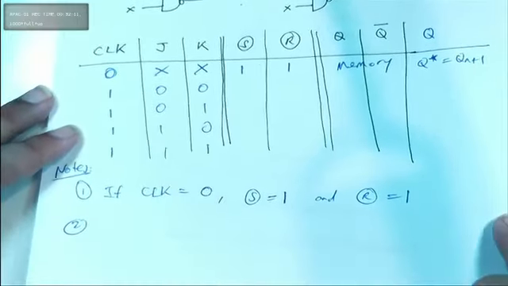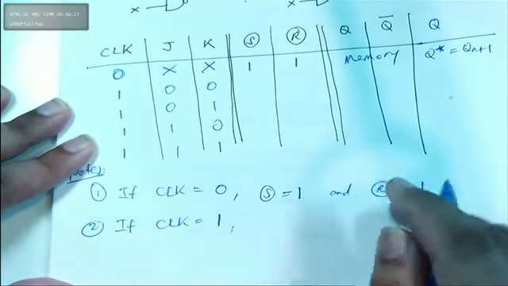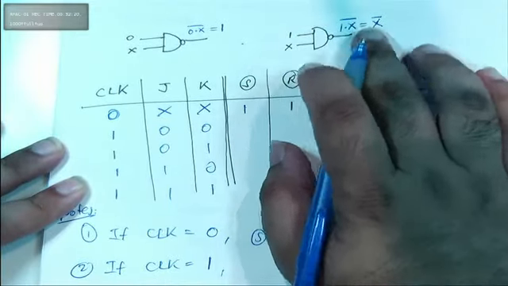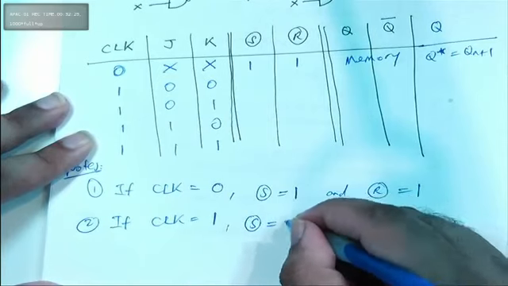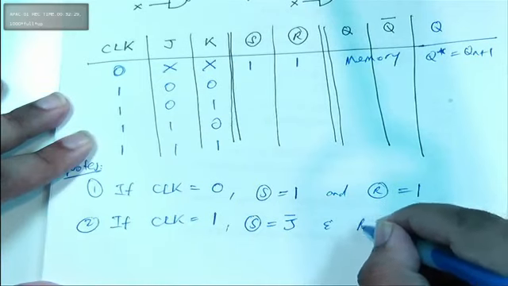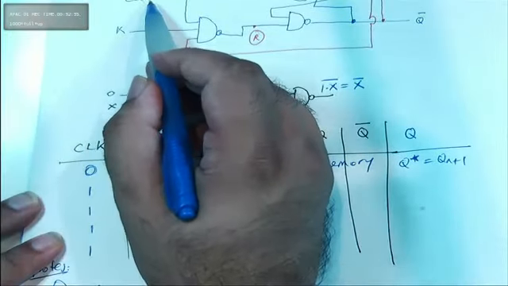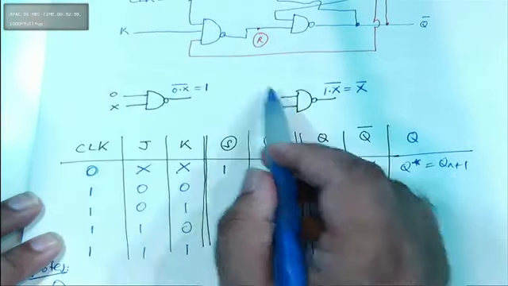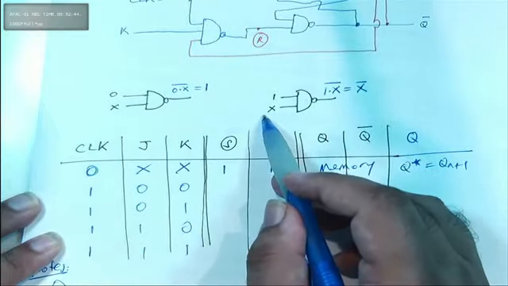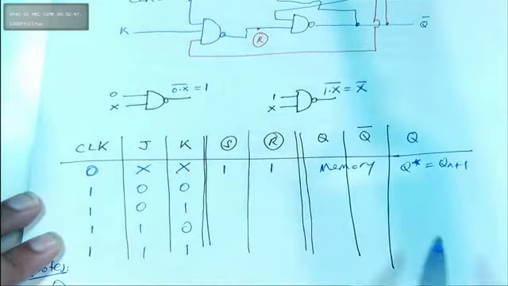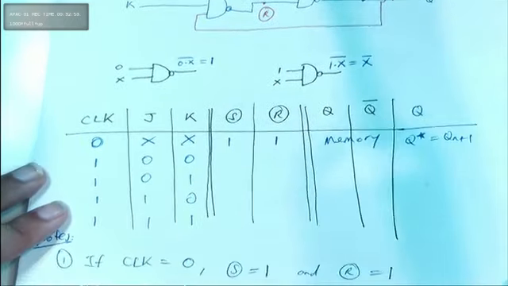Number 2, if clock equals 1, then from our earlier exercise, S circle will equal J bar and R circle will equal K bar. You guys remember this? If clock is 1 coming in here, and any input into a NAND gate is 1, the output is the bar. So that point becomes J bar, that point becomes K bar. Set?